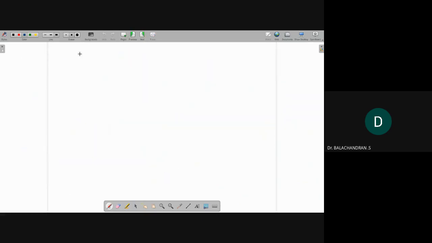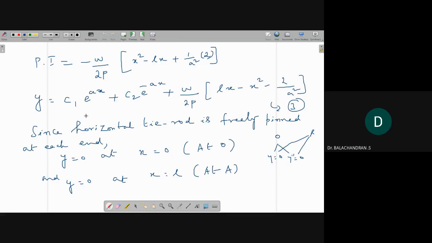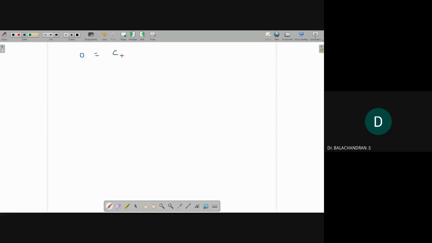please check it, 0 equal to C1 plus C2, this is 0, this is 0, 2 gets cancelled, minus omega by p a square. C1 plus C2 minus omega by p a square.